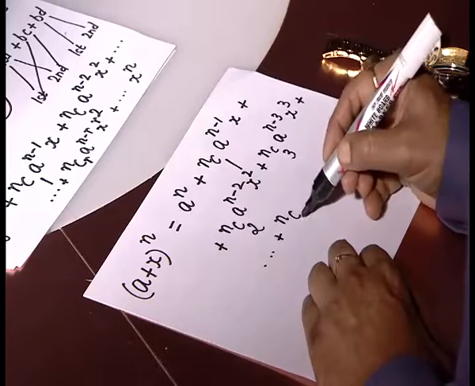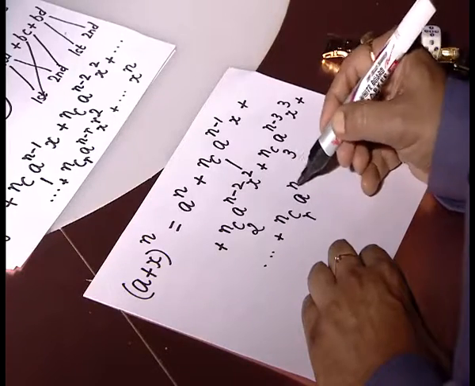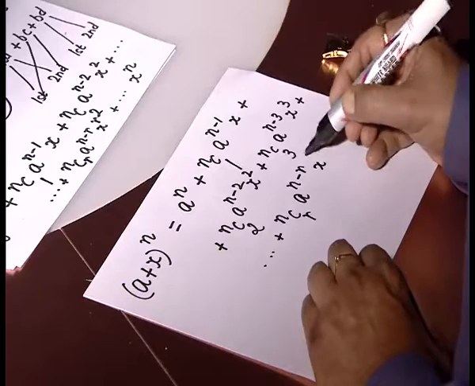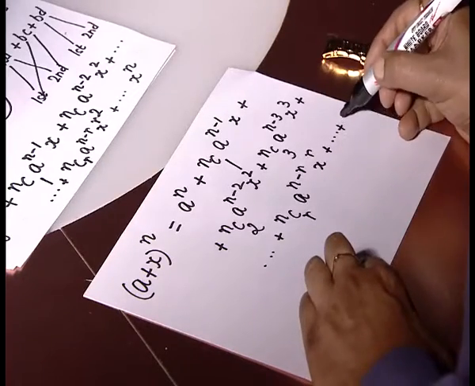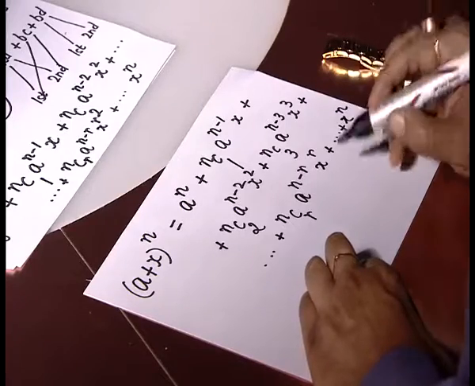The general term is nCr a to the power of n minus r x to the power of r and so on, and finally up to x to the power of n.